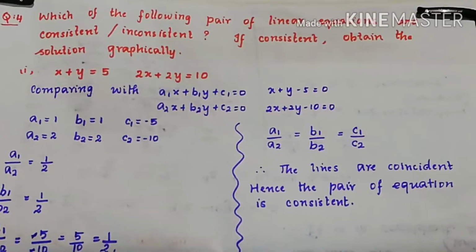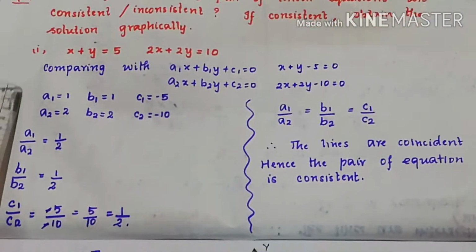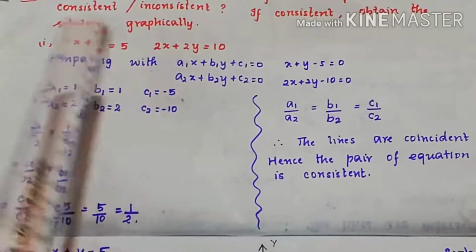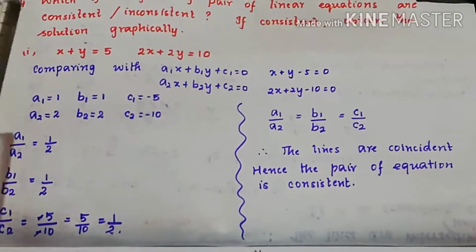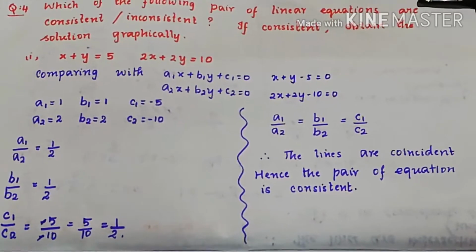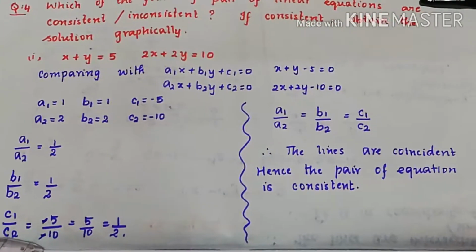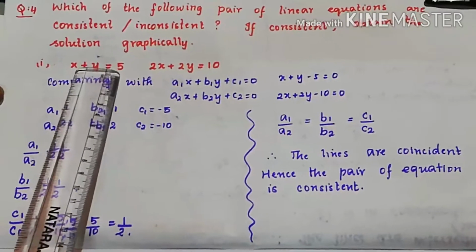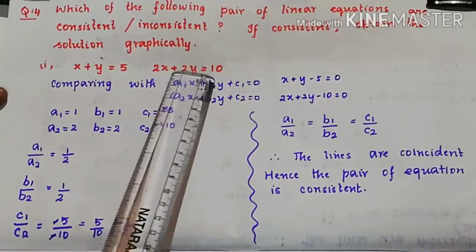So that is what. Now we will see the first sum. I think you will be able to do how to find consistent and inconsistent. Just now we have done it in the 3rd sum. So in the same way you proceed and find out whether it is consistent or inconsistent first. So here you see the given equations are x plus y is equal to 5, 2x plus 2y is equal to 10.